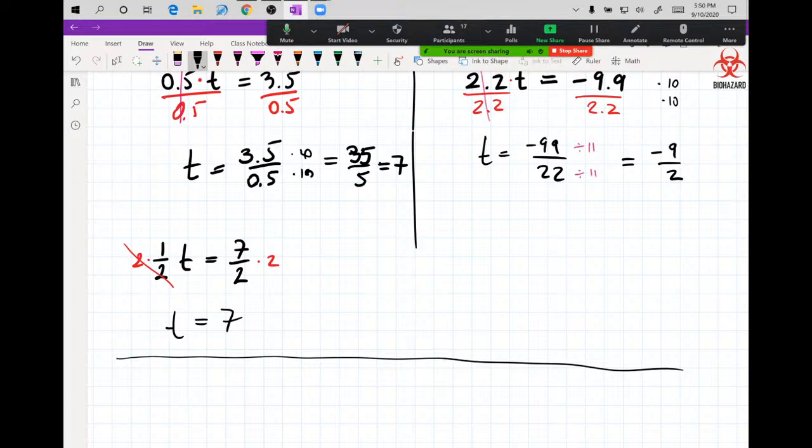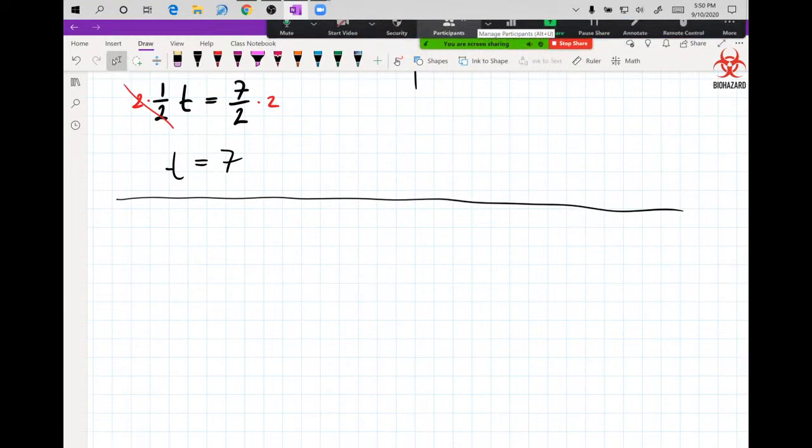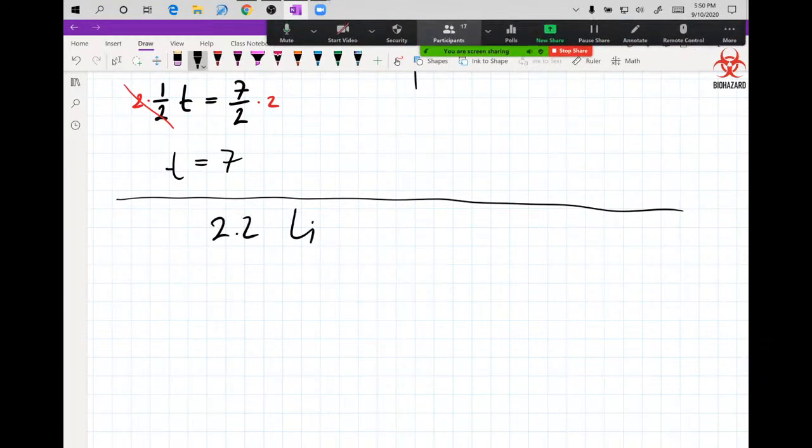So now I'm starting my section 2.2 on linear equations, which we are later on going to graph and learn a little bit about the slope and things that will be, I believe, in chapter 3.